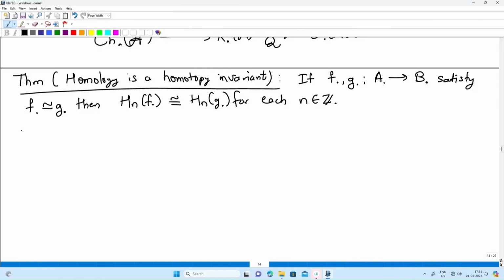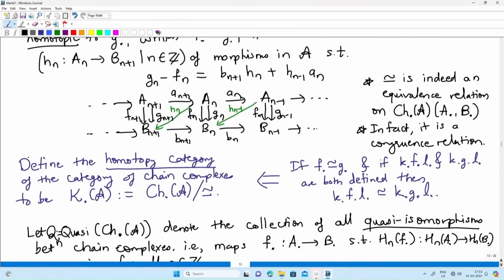Okay. So the proof for this is quite simple actually. We are given a system like this, Fn and Gn. I'm not going to draw another diagram, just have a look at the existing diagram. So what do we know?